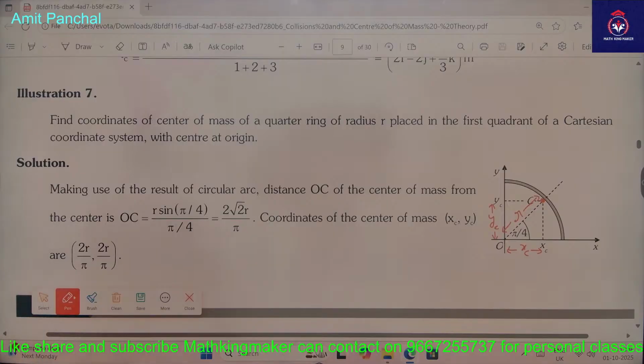Okay, understood. Just try to solve it out.